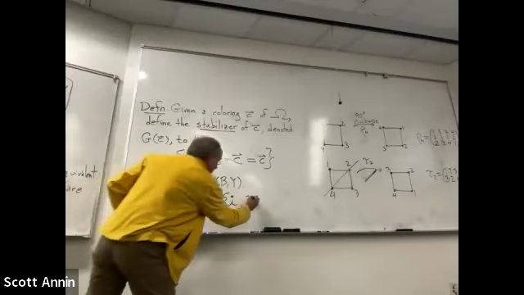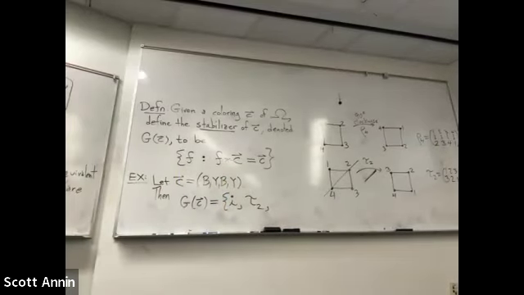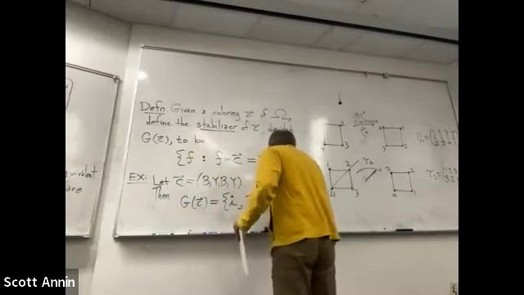So I'll put tau 2 in there as well. Anybody see any others that would be fixed? Yeah, Kevin? Tau 1. We're reflecting this way, right? If you reflected along this diagonal, again, the coloring does not change. So that would be tau 1.